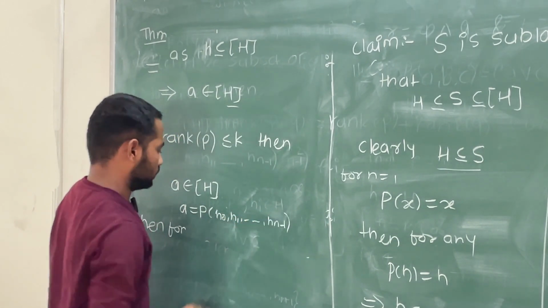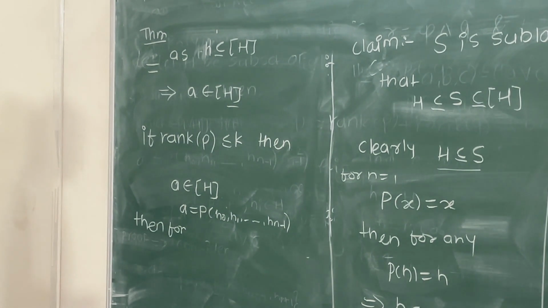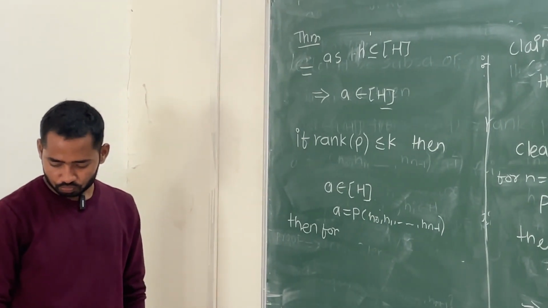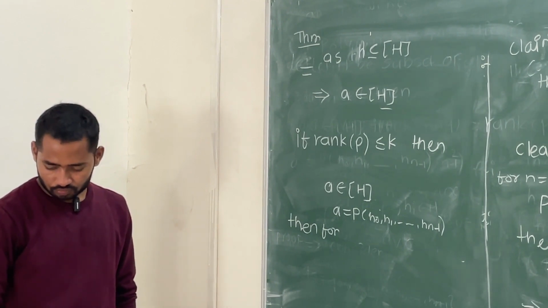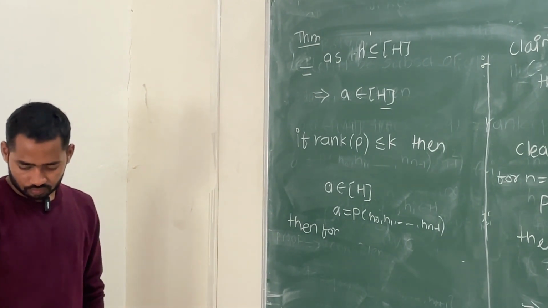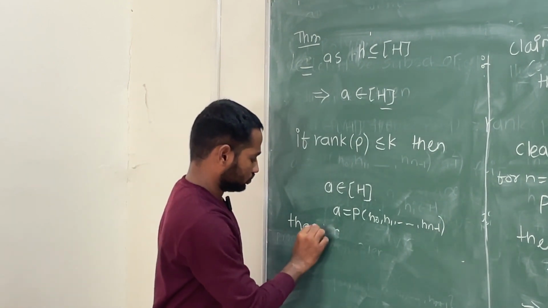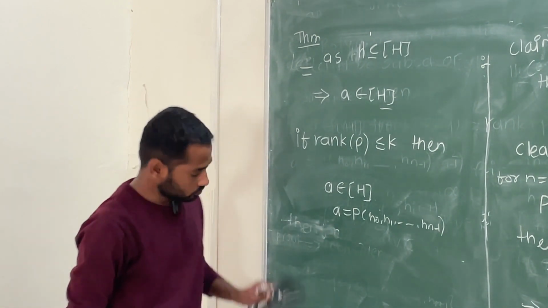Understand properly, our assumption is that if we have a polynomial whose rank is less than or equal to k, and a is the value of that polynomial, then a belongs to square bracket of H. This is known to us.